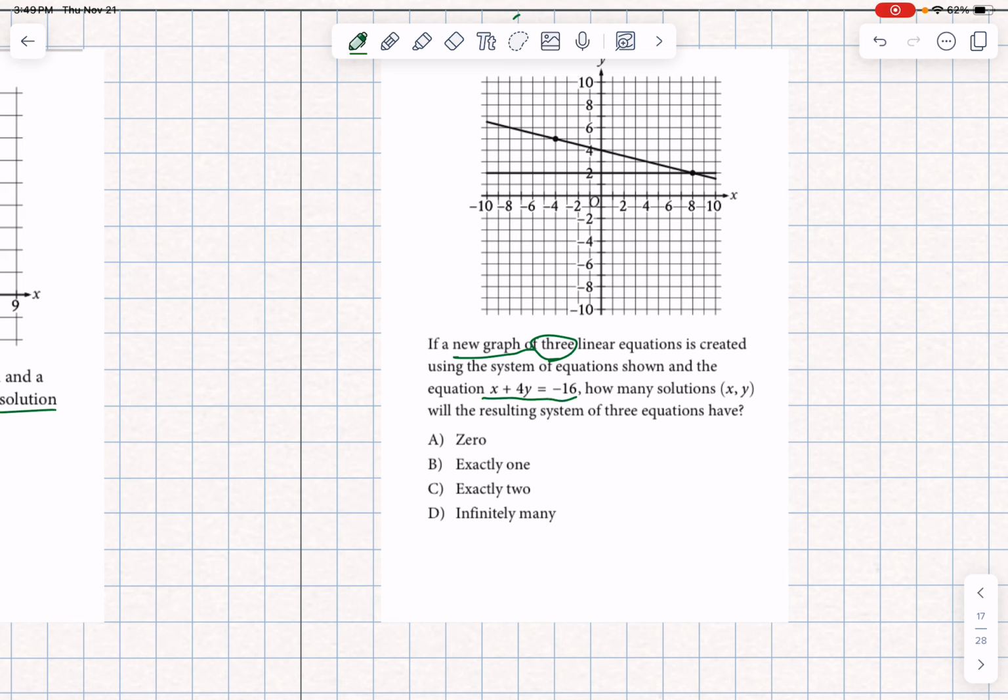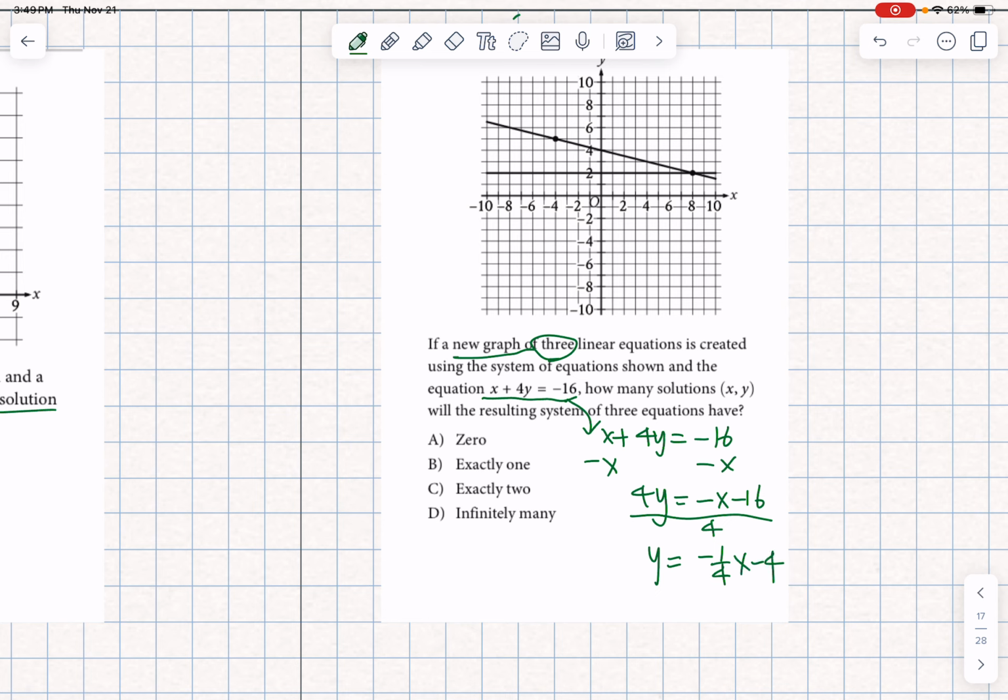Let's change this one to slope-intercept form. x plus 4y equals negative 16; subtract x on both sides, so 4y equals negative x minus 16. Divide by 4, so y equals negative 1/4 x minus 4.